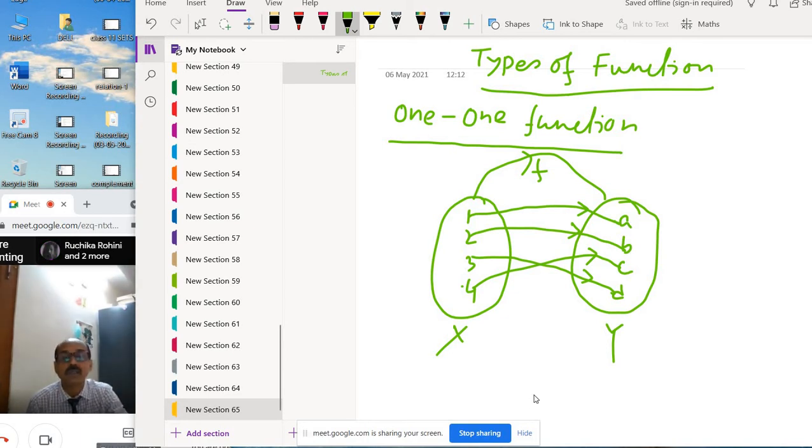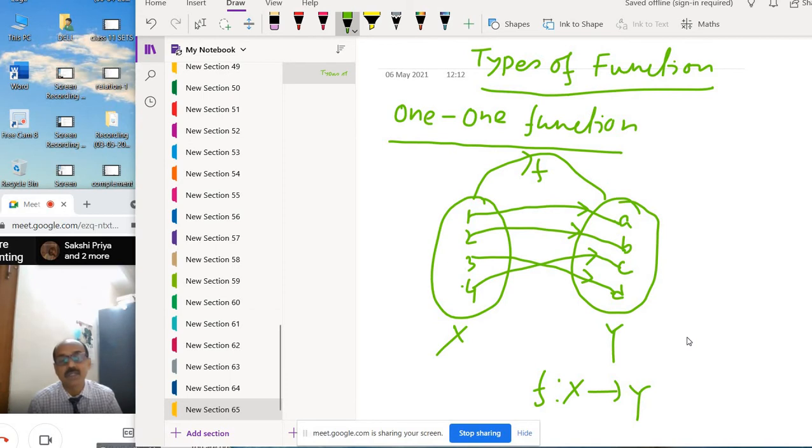So this function is one-one, that is f such that X tends to Y. Clear? A function f such that X tends to Y is said to be one-one or injective if the images of distinct elements of X under f are distinct.